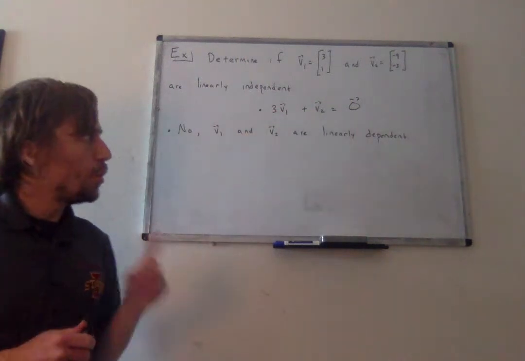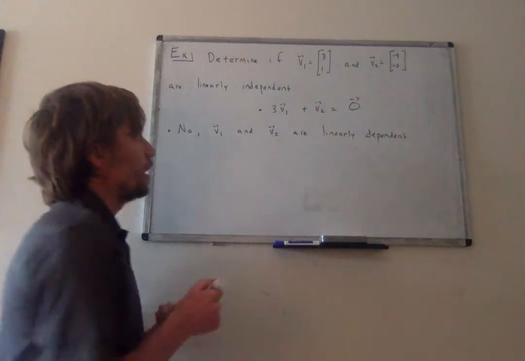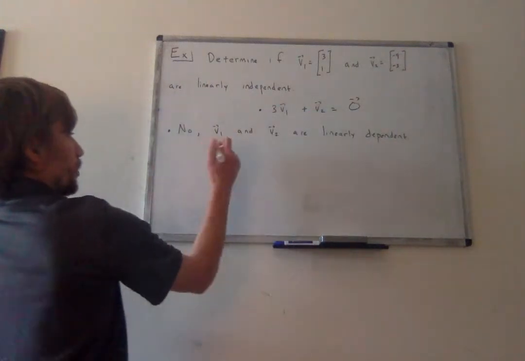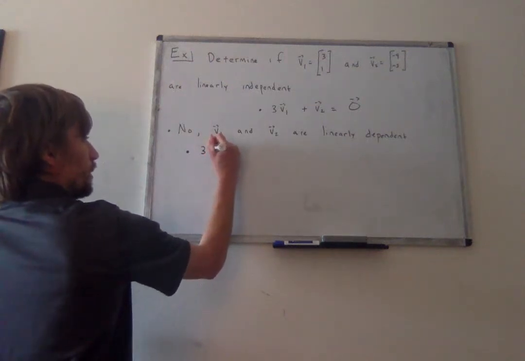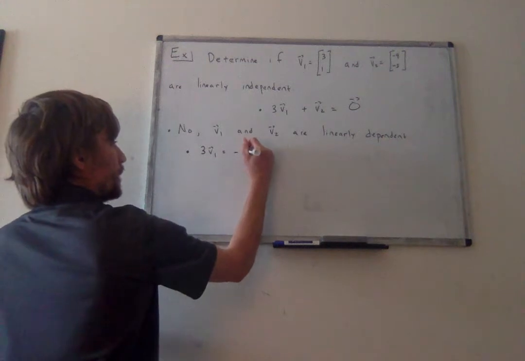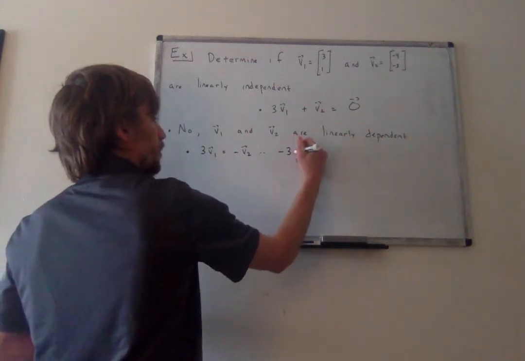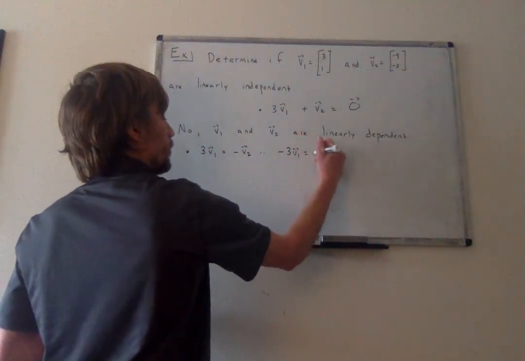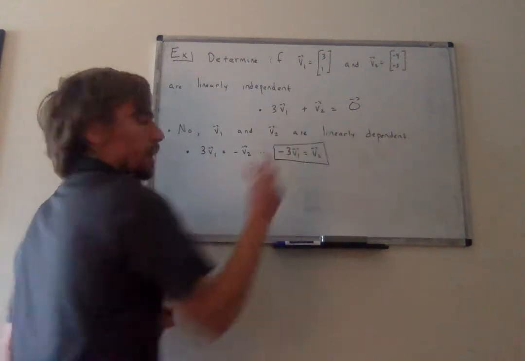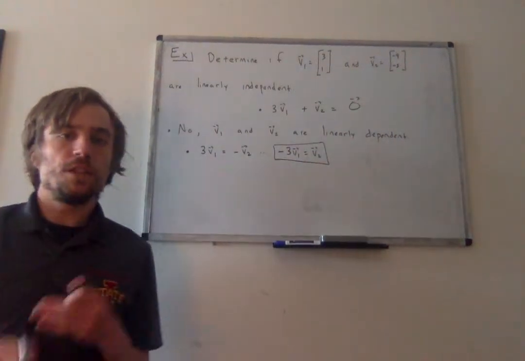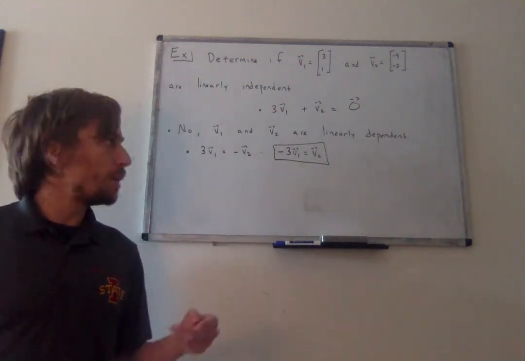So notice here that because we've only got two vectors we're working with, if we were to rework this equation, we would get 3v1 is equal to negative v2, or maybe negative 3v1 is equal to v2. And of course, that's what the definition of linearly dependent tells us, is that I should be able to write one as a linear combination of the others.